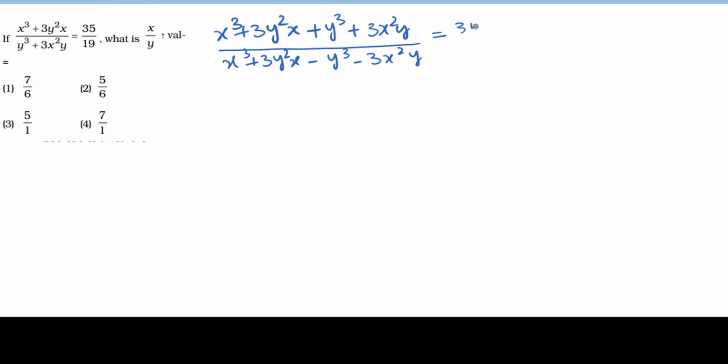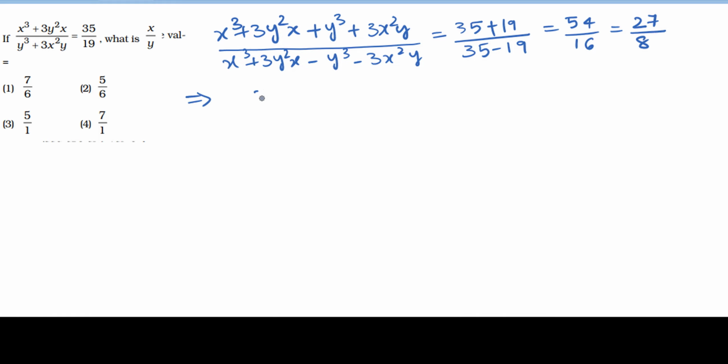So this is equal to 35 plus 19 by 35 minus 19. So this becomes 54 by 16. Further this becomes 27 by 8.